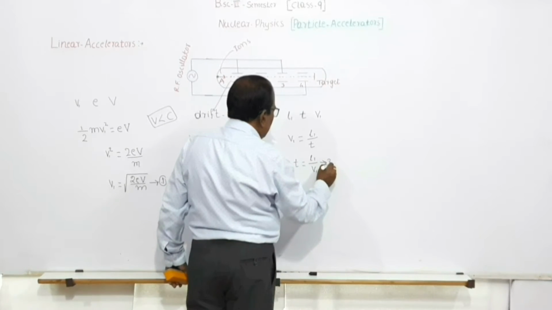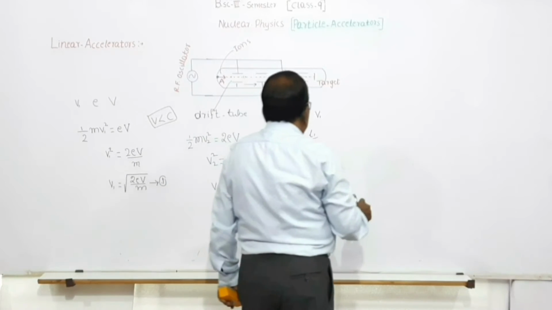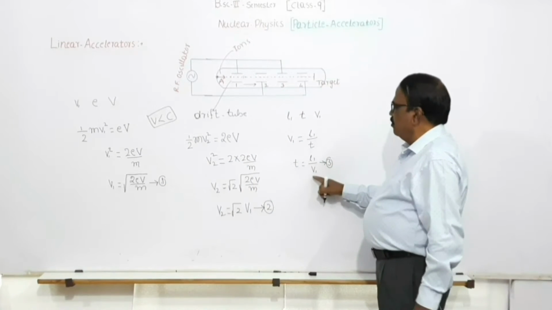Call this equation 3. That means L1 is equal to v1 into T.